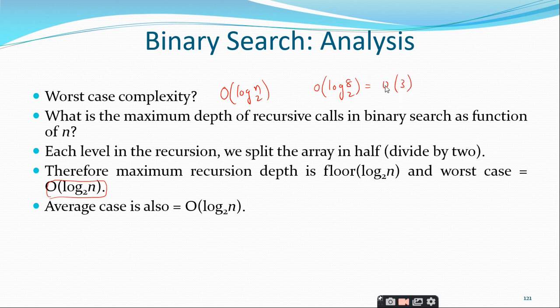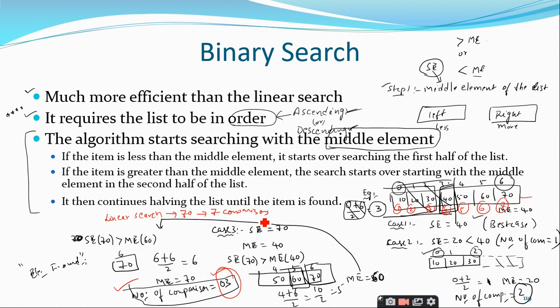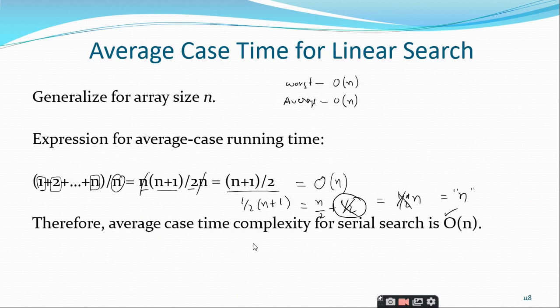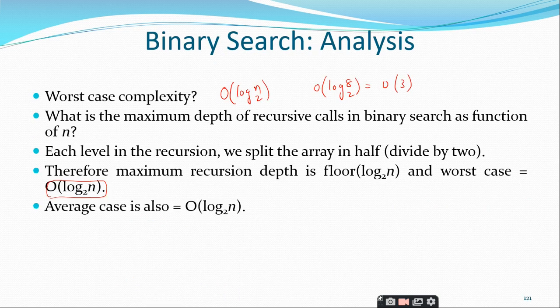You can see in the previous case, if you have 7 elements like this, you have made just 3 comparisons. So that is the power of binary search. Please remember that the average case and the worst case complexities in binary search are big O of log n base 2.